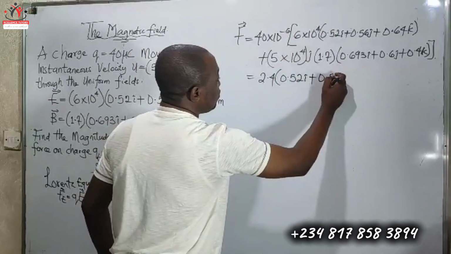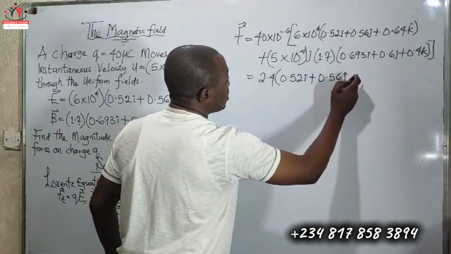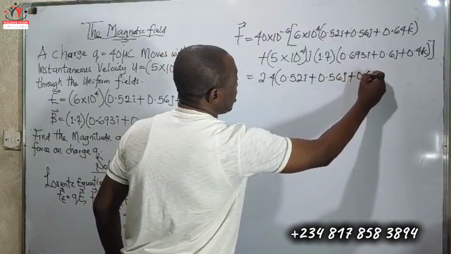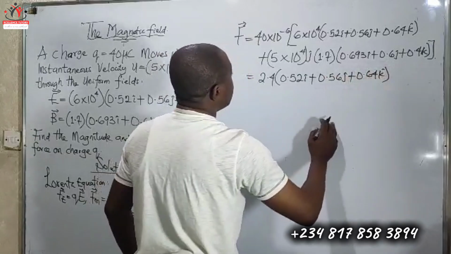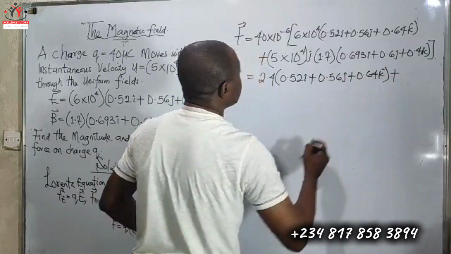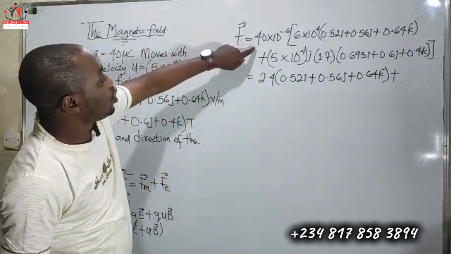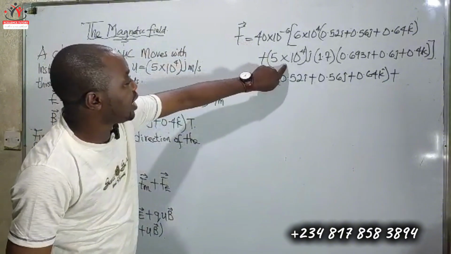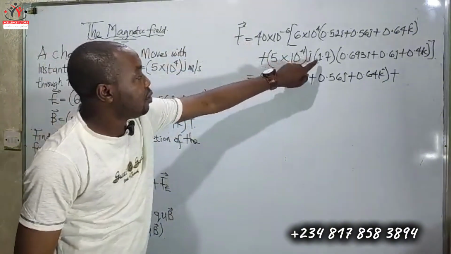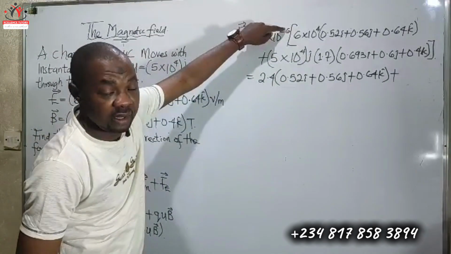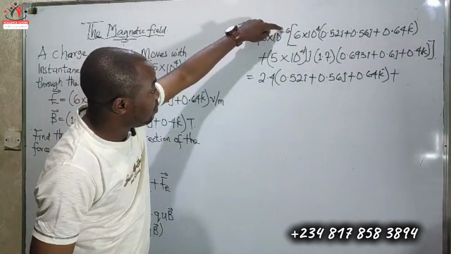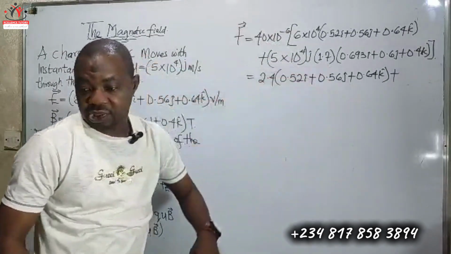Then we have that multiplied by 0.52i, 0.56j, then plus 0.64k. Then plus, we're also going to multiply 5 times 10 raised to the 4th by 40 times 10 raised to the negative 6. Then we also have 1.7.